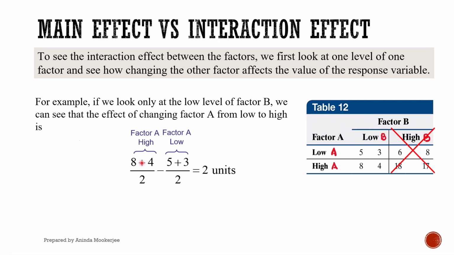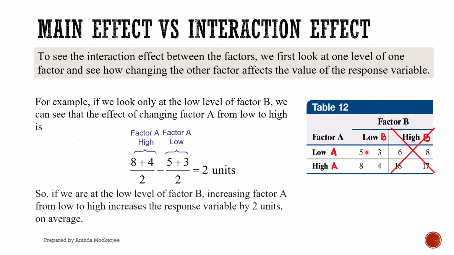They have taken just the values under low B. So 8 plus 4 divided by 2 gives the mean of high A's, and 5 plus 3 divided by 2 gives us the mean of factor A low, but only the values under factor B low. We completely ignore the factor B high.